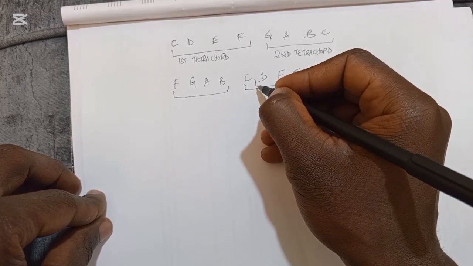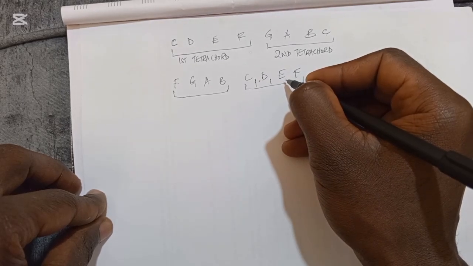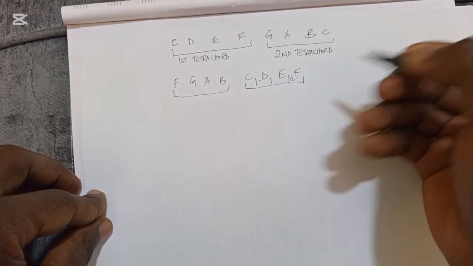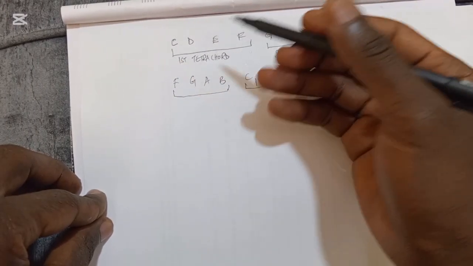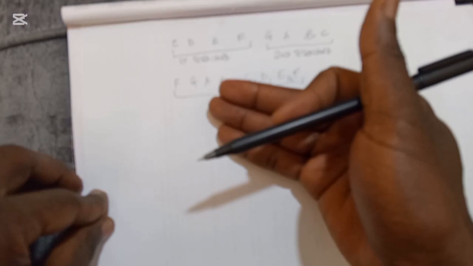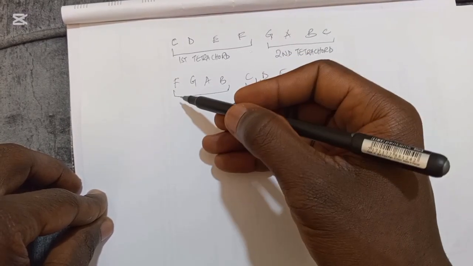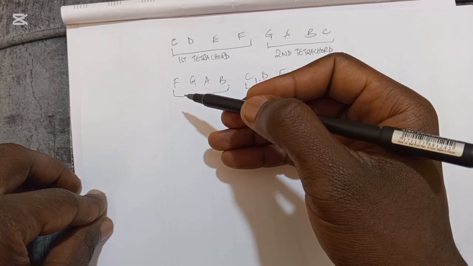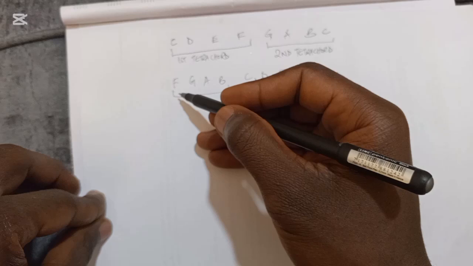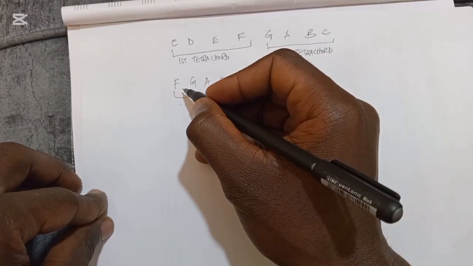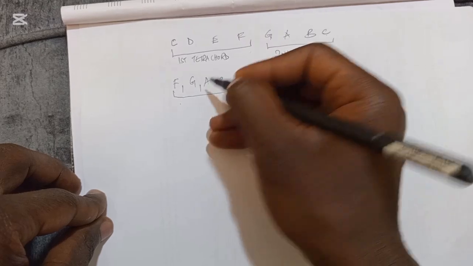So we move from C to D is 1, D to E is also one step, then E to F is a half step. So already that is filled, because you can see that the first tetrachord is now going to be the second tetrachord for our key F. So the problem that we must solve is the first tetrachord for the key of F. Now in the first tetrachord, we move from F to G is 1, G to A is also 1.